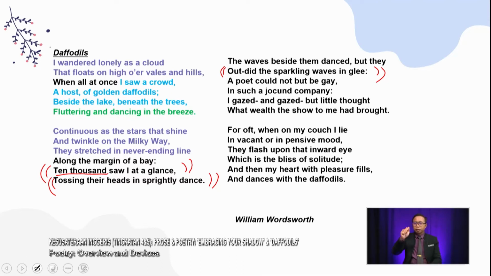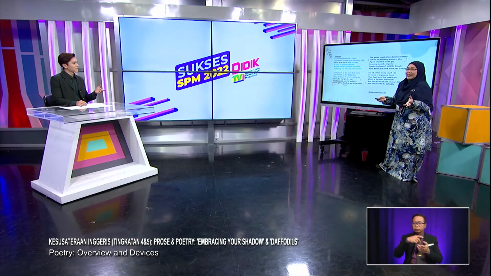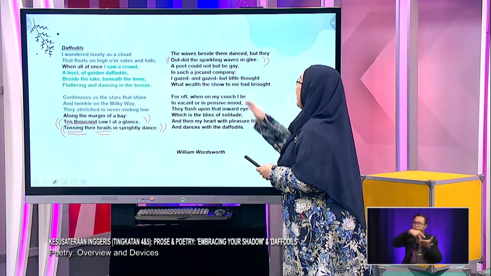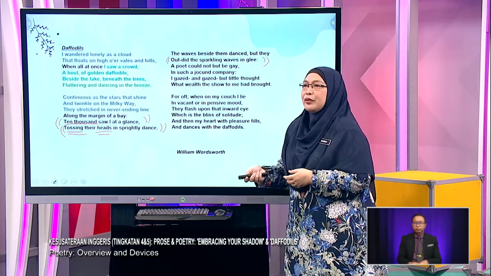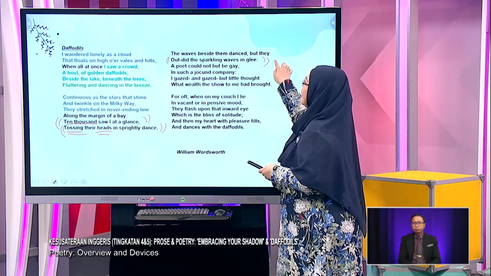When you have tossing their heads, whose heads? The daffodils' heads. So you have there the daffodils dancing along like they were actual dancers, right? And here, outdid the sparkling waves in glee, a beautiful example of, what is this?